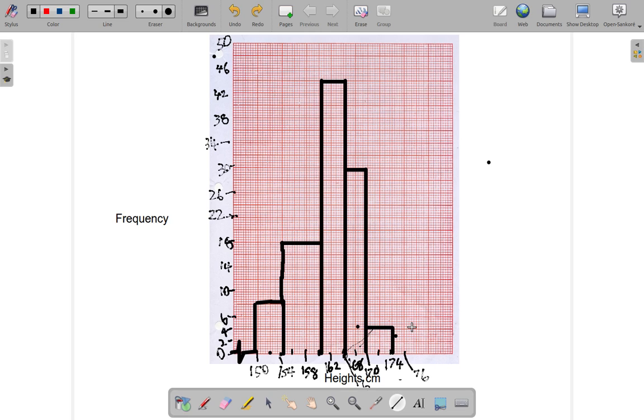And this would be your histogram. All right? Your histogram.